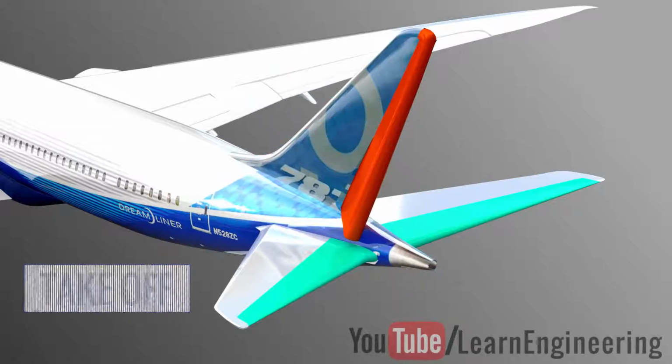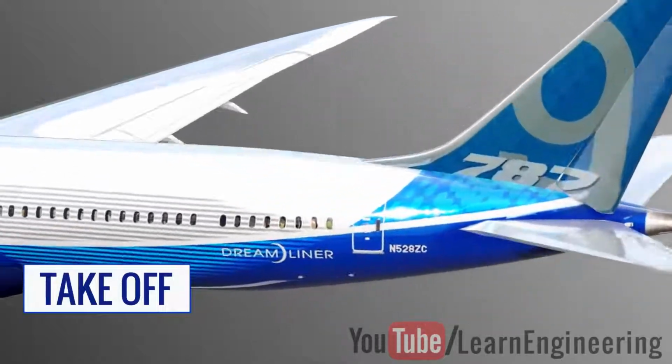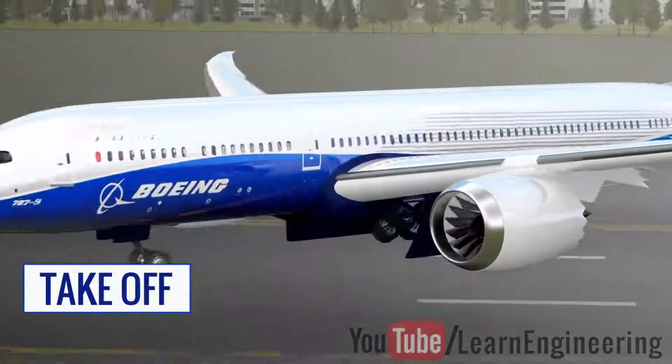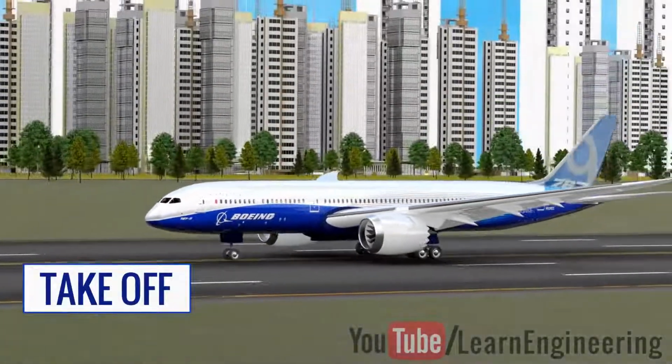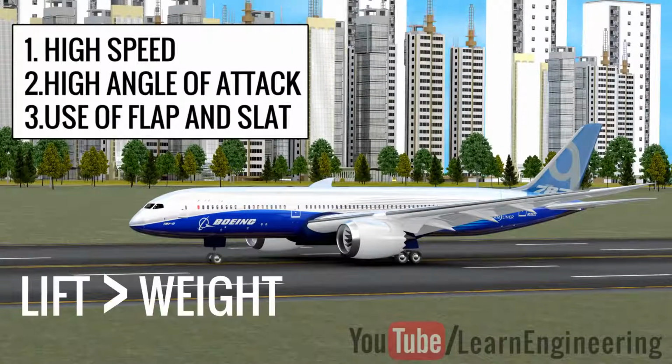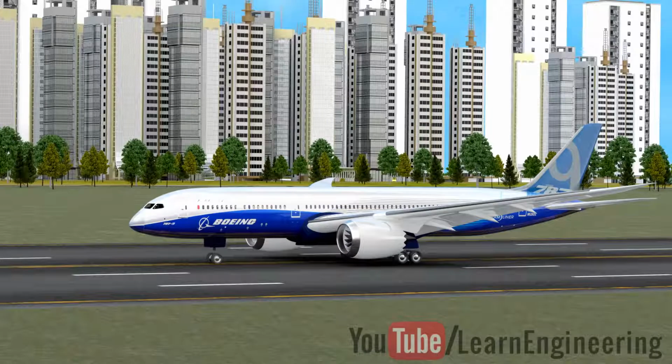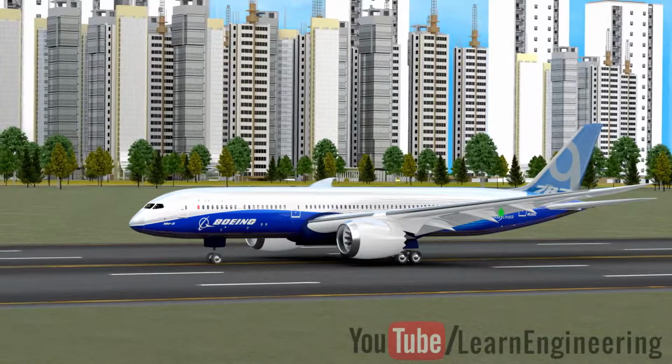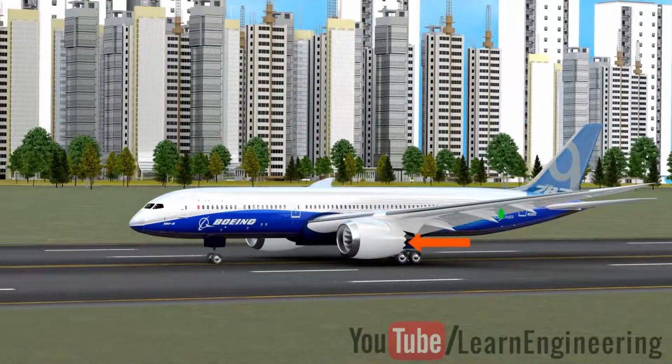Let's start with the takeoff part of the flight. To get the airplane to take off from the ground, what you have to do is increase the lift force using various techniques and make sure that this force is more than the gravitational pull. Pilots apply all of the three lift increase techniques together for a successful takeoff. First, the speed of the airplane is increased by increasing the thrust of the engines.